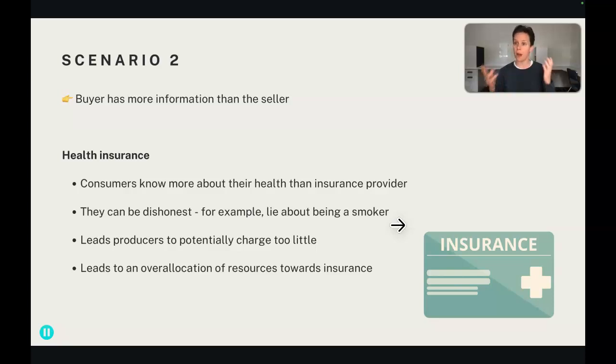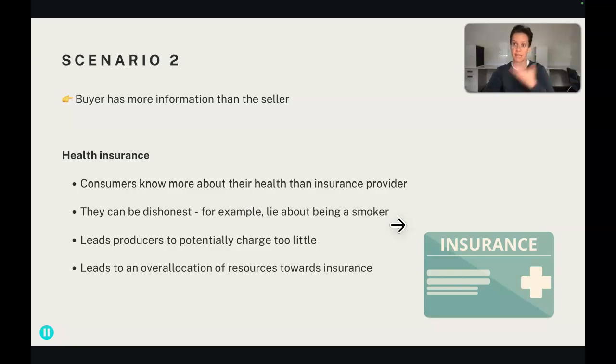So put simply, I'm a smoker, I tick no to smoking on my insurance policy. The number that I need to pay is obviously lower than what it would have been. The fair value pricing has been distorted, and so there is an over-allocation of the particular policy that I've purchased, because basically it's fabricated, it's not based in truth, and that distorts the allocation of resources.